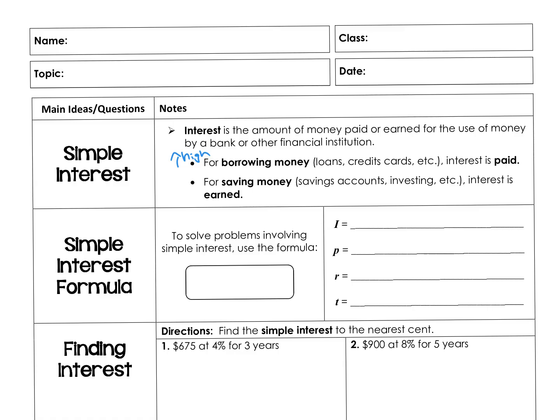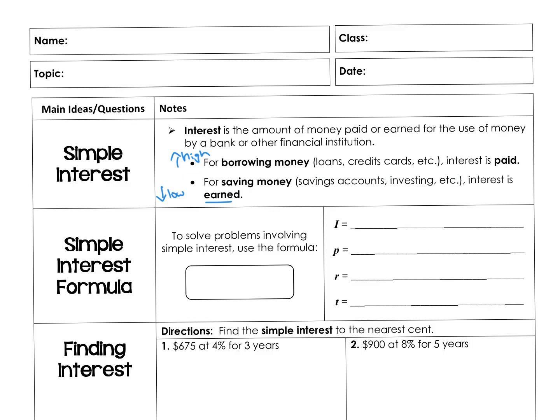At the same time, if you are saving money, like investing or putting into savings accounts, that's interest that's earned. That's good interest. Now, the difference is most of the time these interest rates are relatively low because the bank doesn't want to pay you out for using their money. If you put your money into a savings account, that's basically allowing the bank to loan your money out.